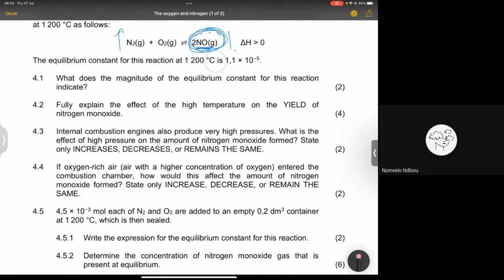You're welcome. All right. So now they say to us, fully explain the effect of high temperature on the yield of nitrogen monoxide. Let's get to the part where we explain the fact that it's endothermic. Now, please listen to me very carefully.